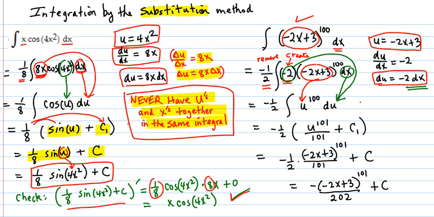So everything is switched over. Now do the antiderivative, which is u to the 100th over 101 plus a constant. I'm calling it c1. Parentheses with the negative 1/2 on the outside. Then multiplying the negative 1/2, negative 1/2 times c1 became c. And then clean this up algebraically and you get this. And I think you can see that if you differentiated this, using the chain rule, it would come back to the original function.